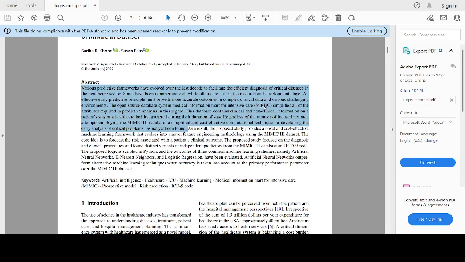It says that while some predictive frameworks have already evolved and some are even commercialized, there is no reliable, effective early predictive principle.